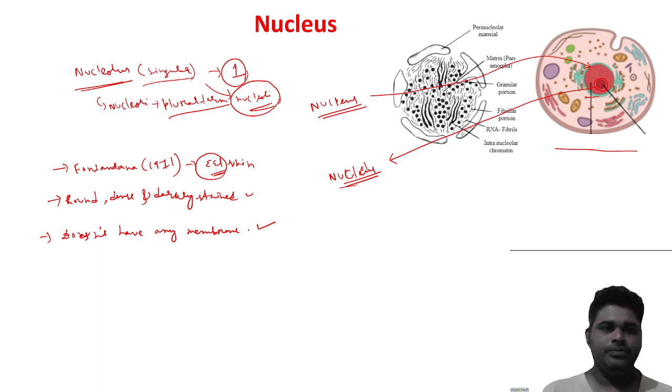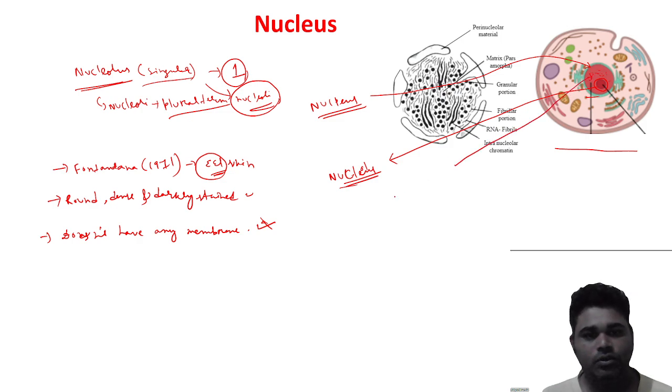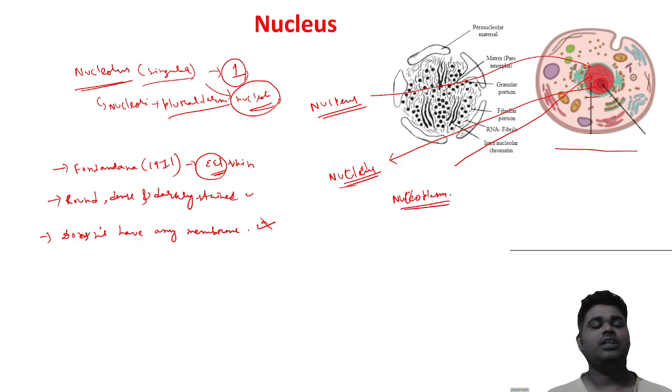Now, because the nucleolus doesn't have any membrane, the content of the nucleus is called the nucleoplasm. So what is the nucleoplasm? It is just like the cytoplasm.